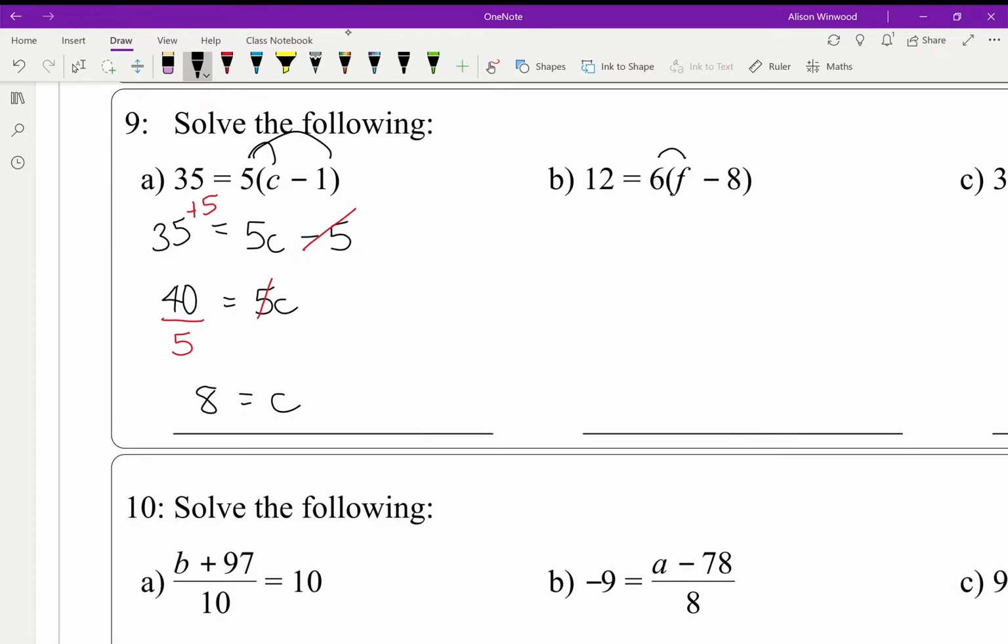Expand the brackets. Opposite of subtract 48 is add 48. Opposite of multiply is divide.